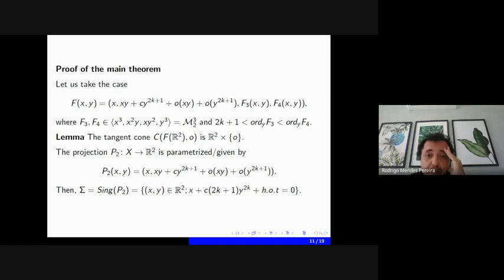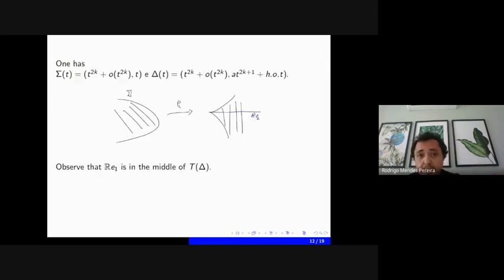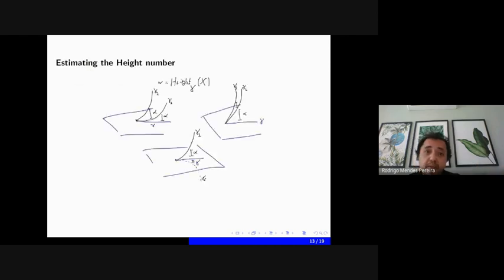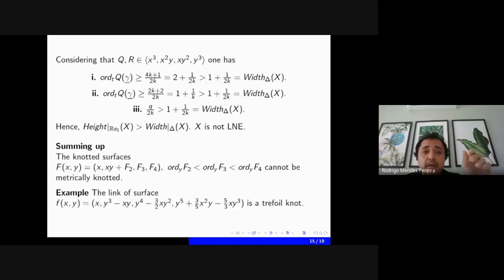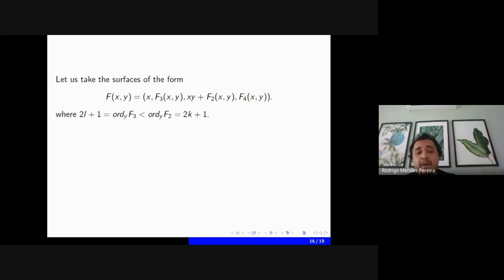But in general, it can happen that the order is even. The tangent cone is the whole plane when the order is odd, but when the order is even, the tangent cone can be a half plane. But since you have the Lipschitz embedded hypothesis, this exponent is necessarily odd.